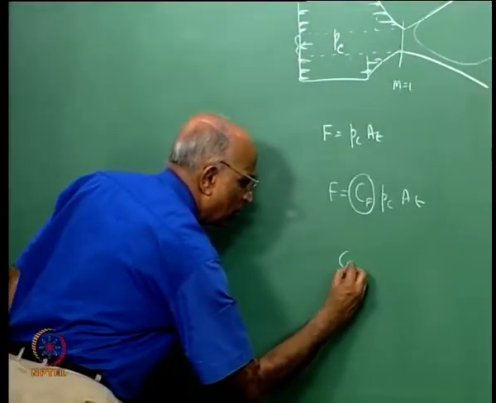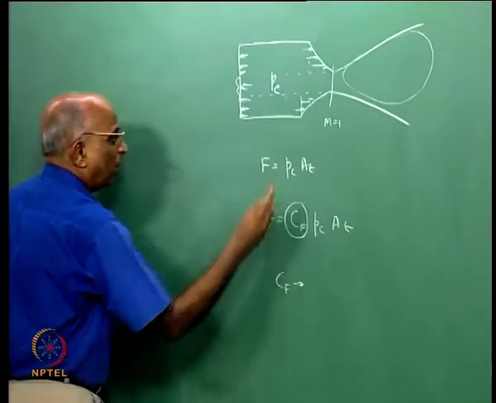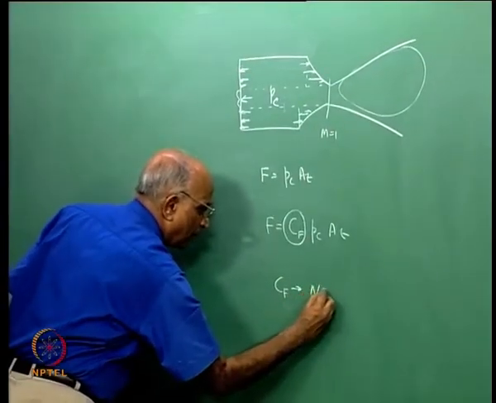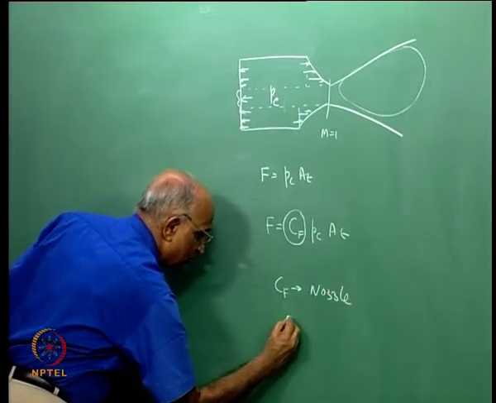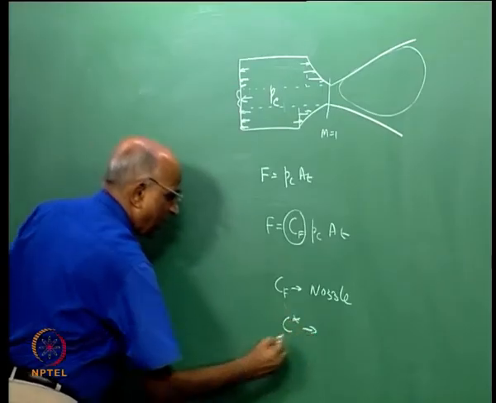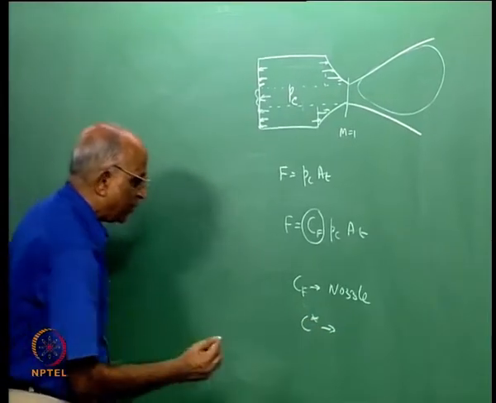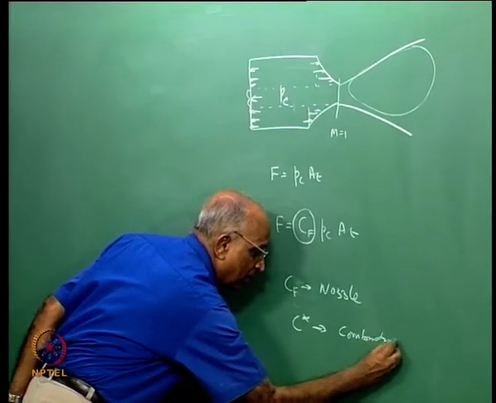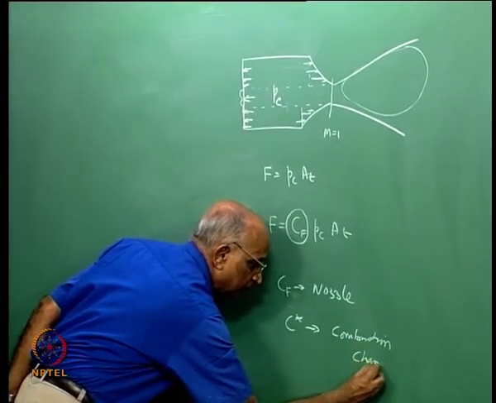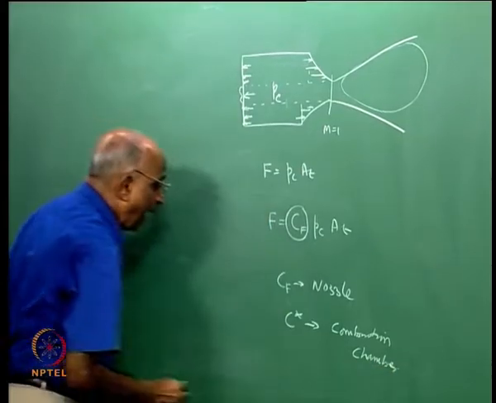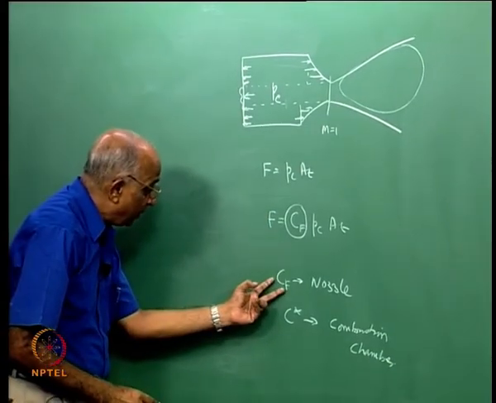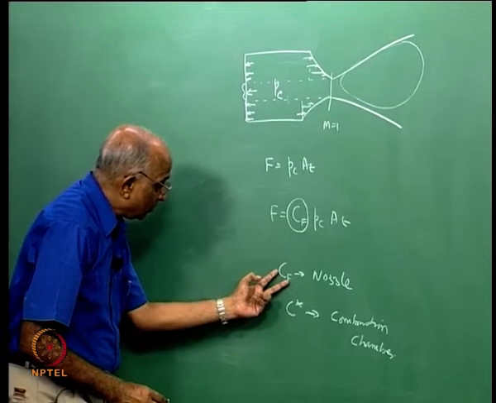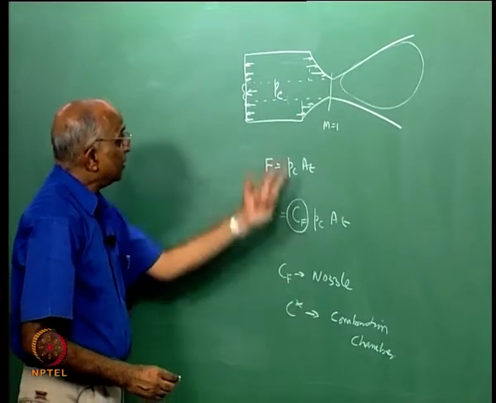Therefore, CF is a quality factor for a nozzle, C star is a quality factor on the capacity to generate pressure in the combustion chamber of a rocket, and the product of CF and C star is the net ISP.